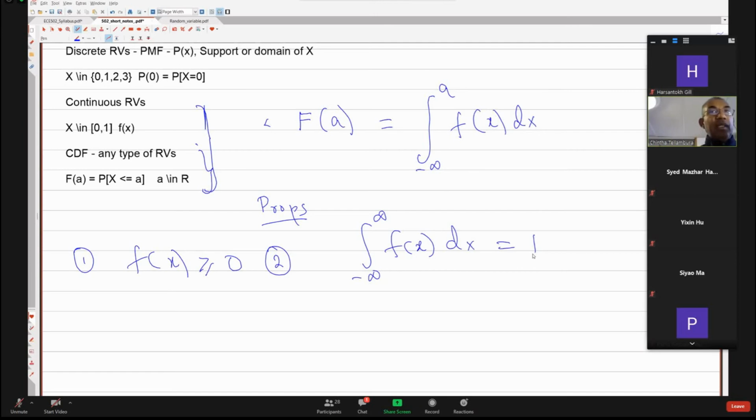Okay, so this makes sense, because if you have an experiment, something will happen. There are a number of outcomes. One of them must happen by definition. So that fact is reflected in this equation.